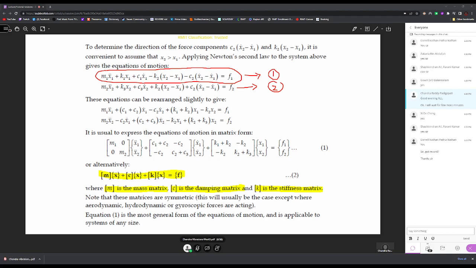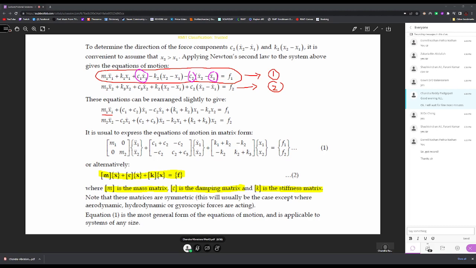You can write m1 x1 double dot, then you can see here c1 x1 dot, and here c2 x1 dot. So you can arrange these terms: c1 x1 dot plus c2 x1 dot.